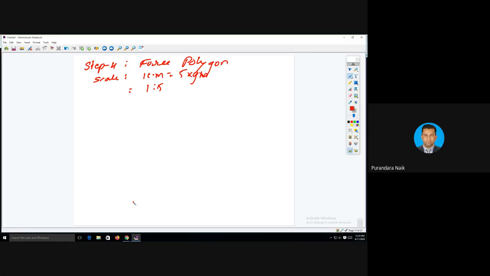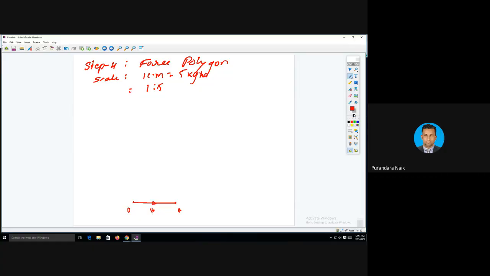So I'll draw a line. We're getting the 0 point. This is O, and this is A, 16. You need to convert that into a proper scale, so this is the arrow mark.